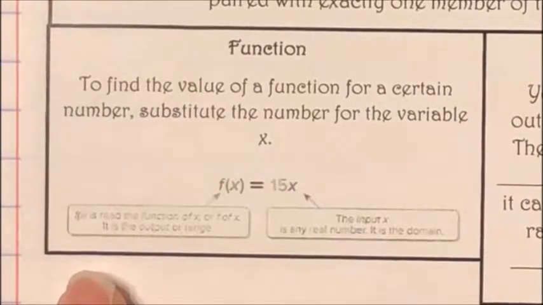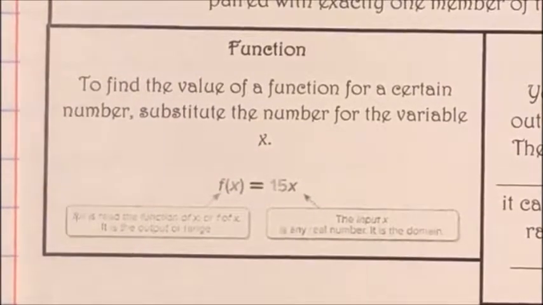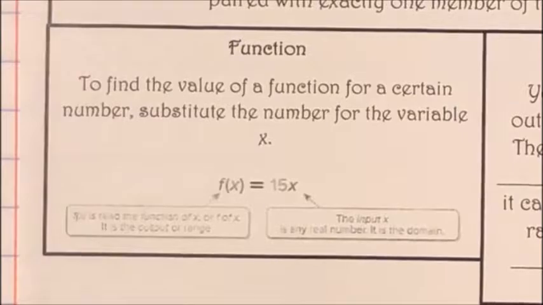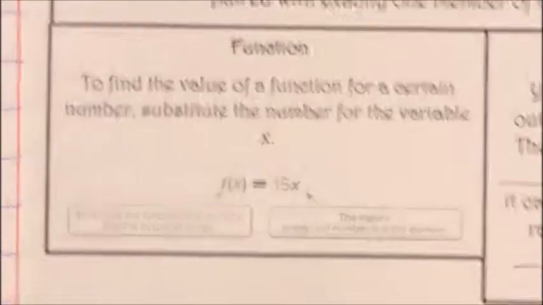It is the output, or the range. f of x equals 15x. The input, x, is any real number, and that's the domain. Remember we talked a little bit about domain and range the last time, where domain is the x value and range is the y value.